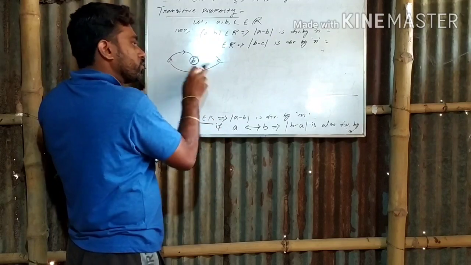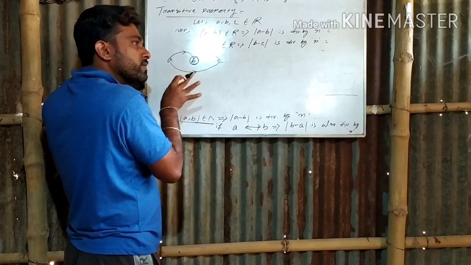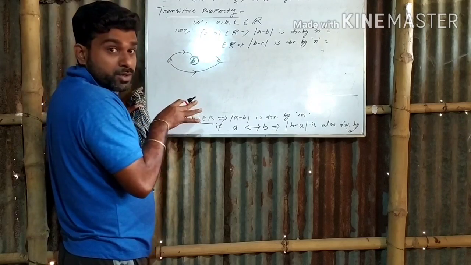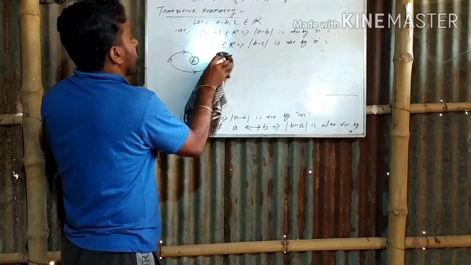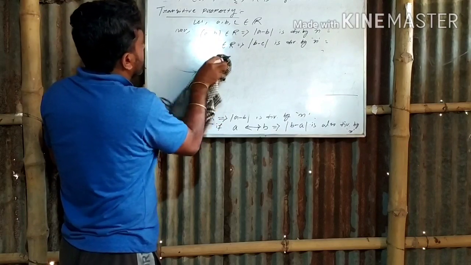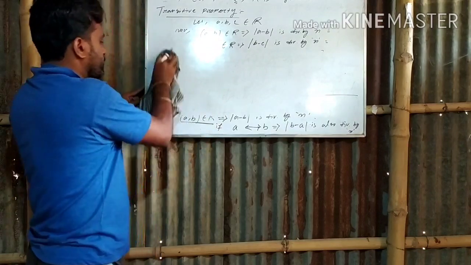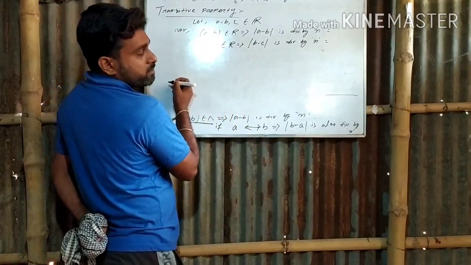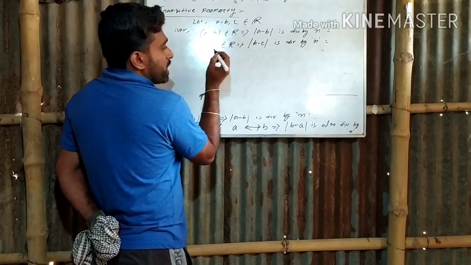But we have to verify whether there is any relation between these A and C elements or not. So for that we have to use some steps. And what is the algorithm? We have to prove.